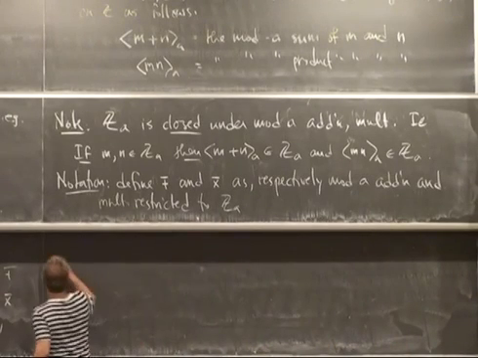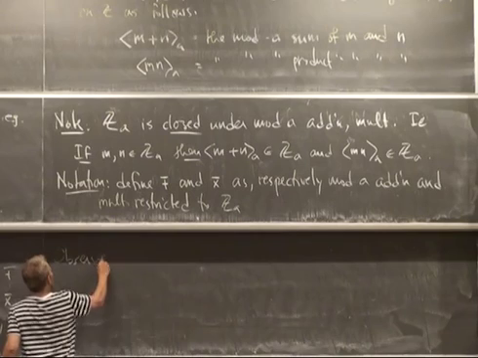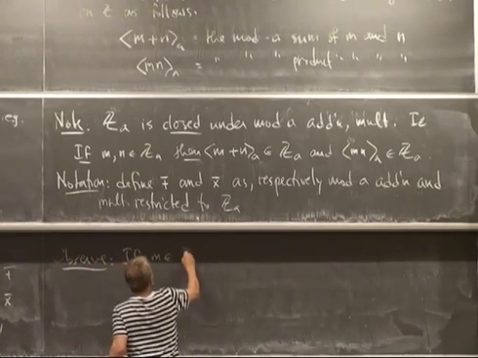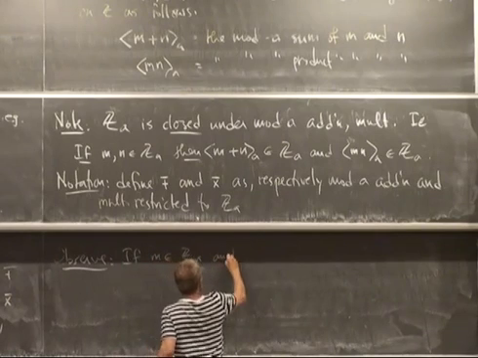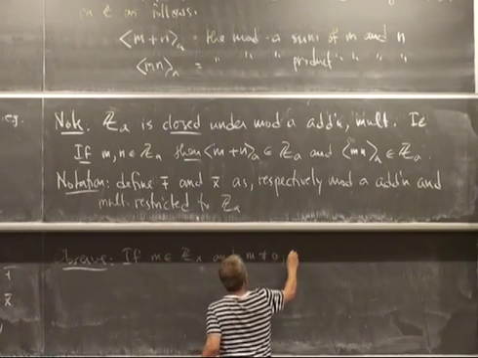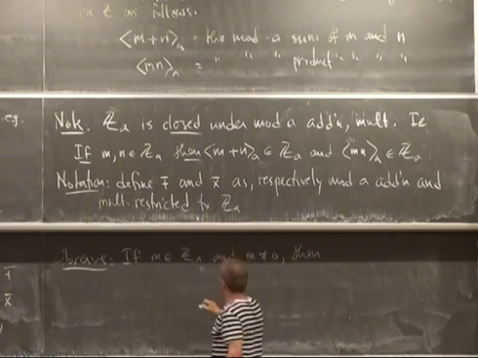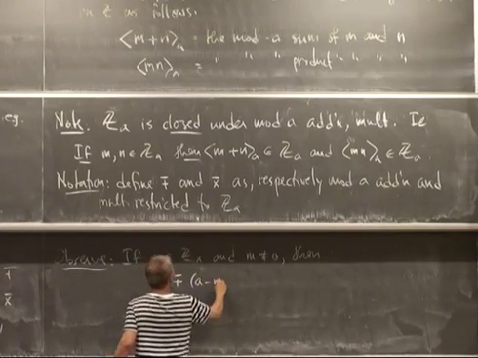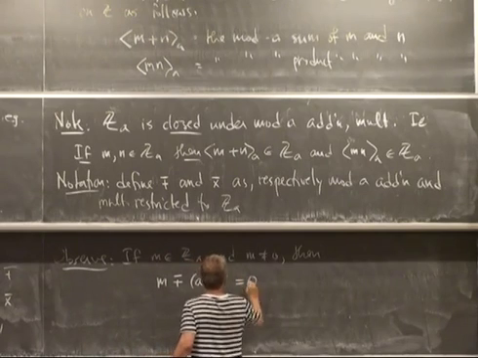So observe, if M is in Z sub A and M is not equal to 0, then M plus bar A minus M equals 0.